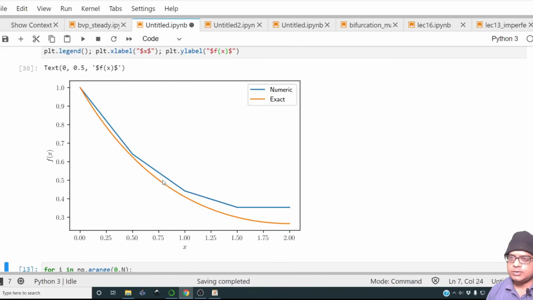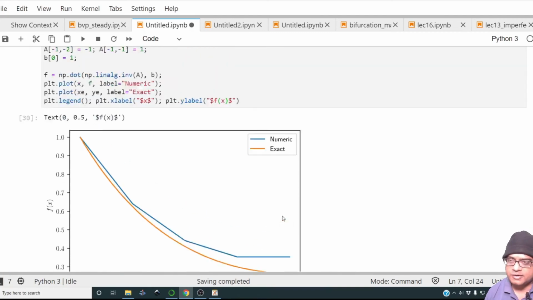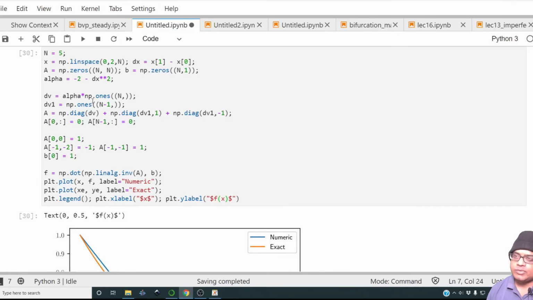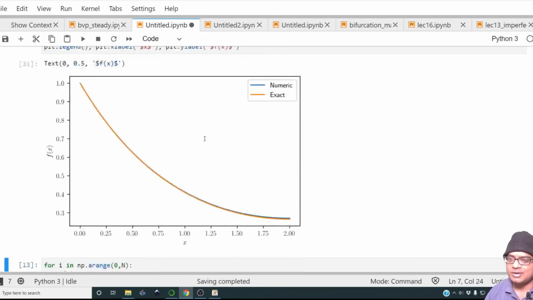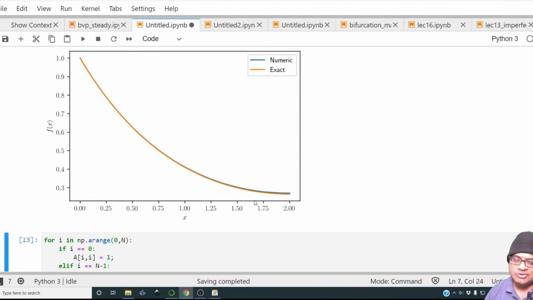So there appears to be some error. I mean, not some error, but it is exact at the end, but here there is a great deal of error. One reason could be the very ridiculously low number of grid points. So let me take 50 grid points. Maybe it makes things better. It makes things much better.